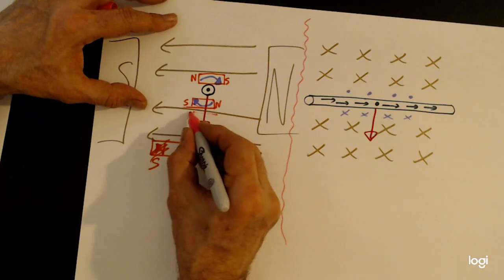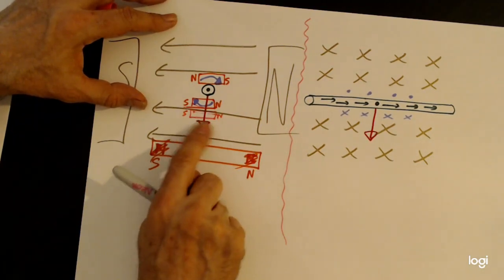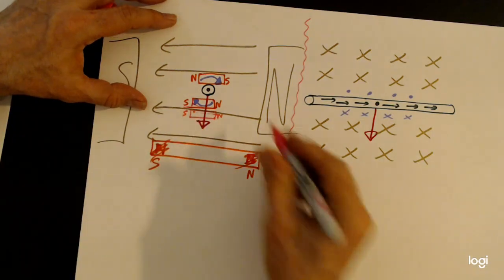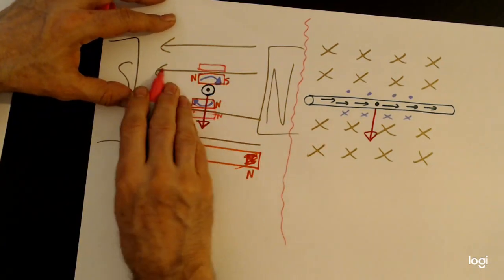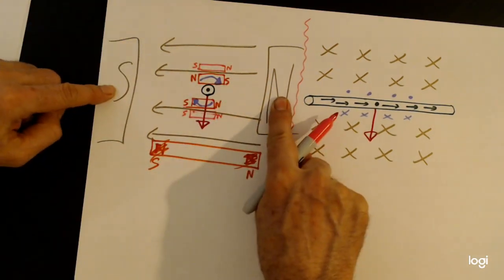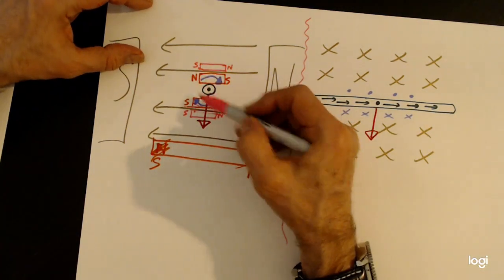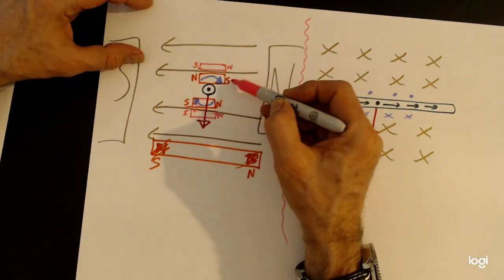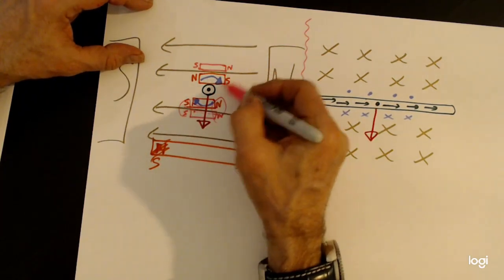If you had two magnets that were both north there and south there, they would repel each other. And over here, this gold line is like a north and a south. This is part of this big thing. And these two magnets here are attracted to each other. Like repels, opposites attract.